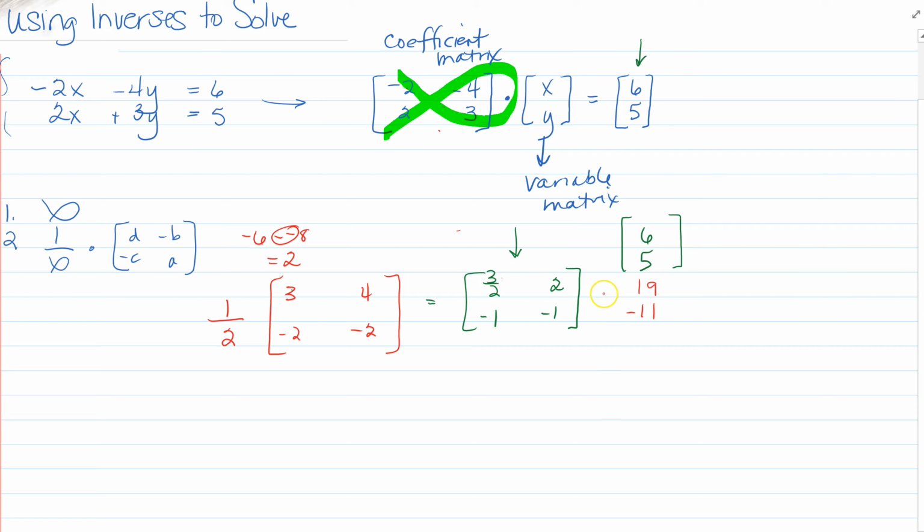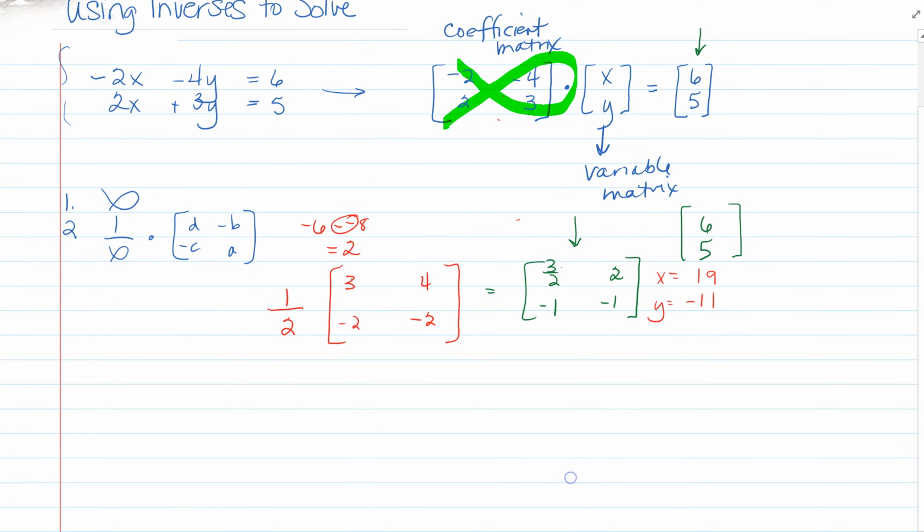So what they're saying is that x is 19 and y is -11. Let's see. Negative 38 plus 44 would be 6. And then 38 minus 33 would be 5. Okay, I think those are right.